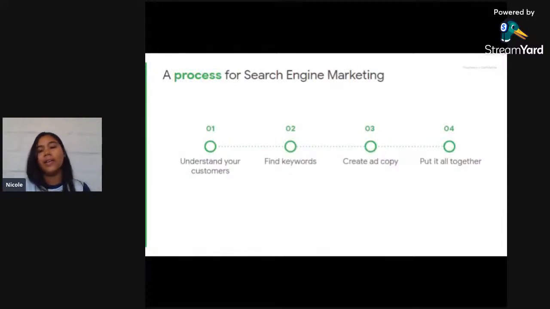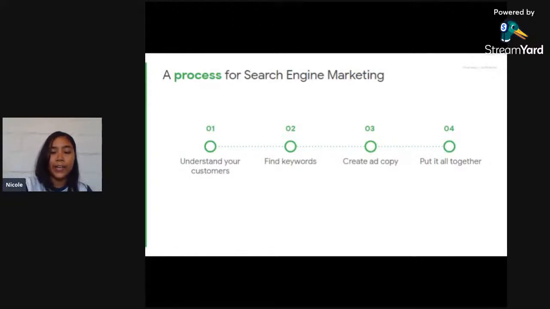So now we'll take a look at the process for search engine marketing. The first step that you need to consider is you need to understand your customers. This is what makes everything else happen. You need to find keywords. You need to brainstorm good keywords to bid on that might be relevant to your target audience.